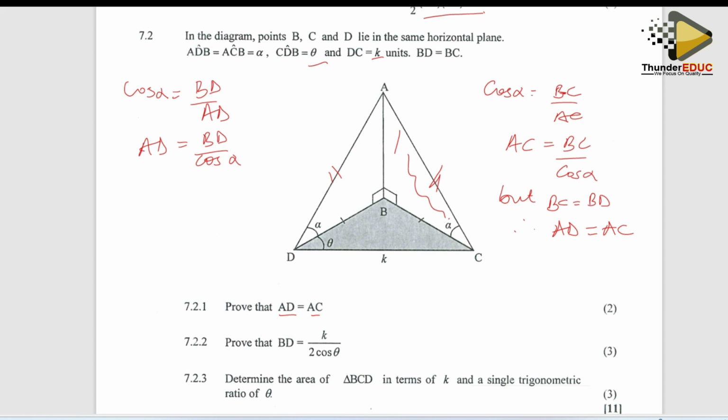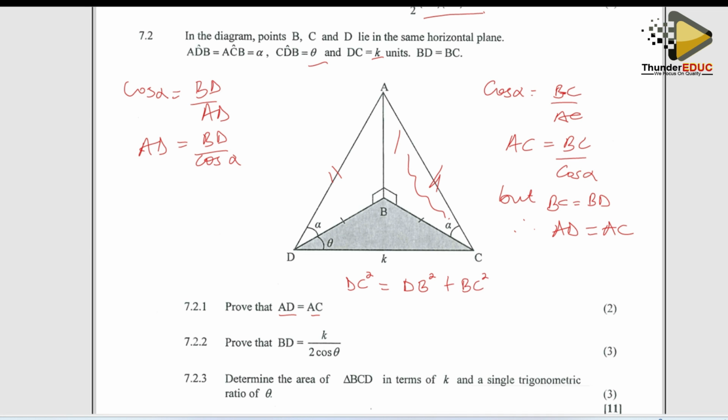Okay. And then can we prove this? For me to prove this, I can use the cosine rule and say that DC squared is equal to DB squared plus BC squared minus 2 DB BC times the cos of which angle?